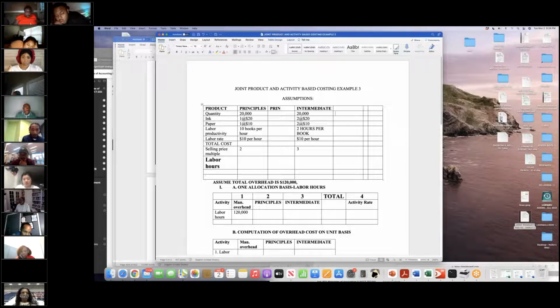So with that change in information, I want you to calculate total cost and selling price for principals, and total cost and selling price for intermediate. Were the labor hours staying the same, or are we just gonna compute those? You've got your information, 10 books per hour, 2 hours per book. So to answer that question, it won't stay the same.